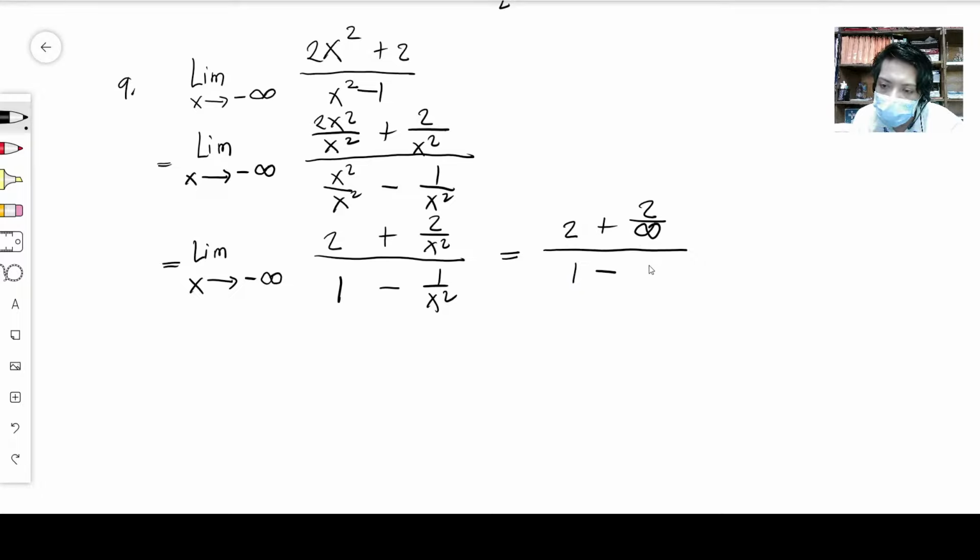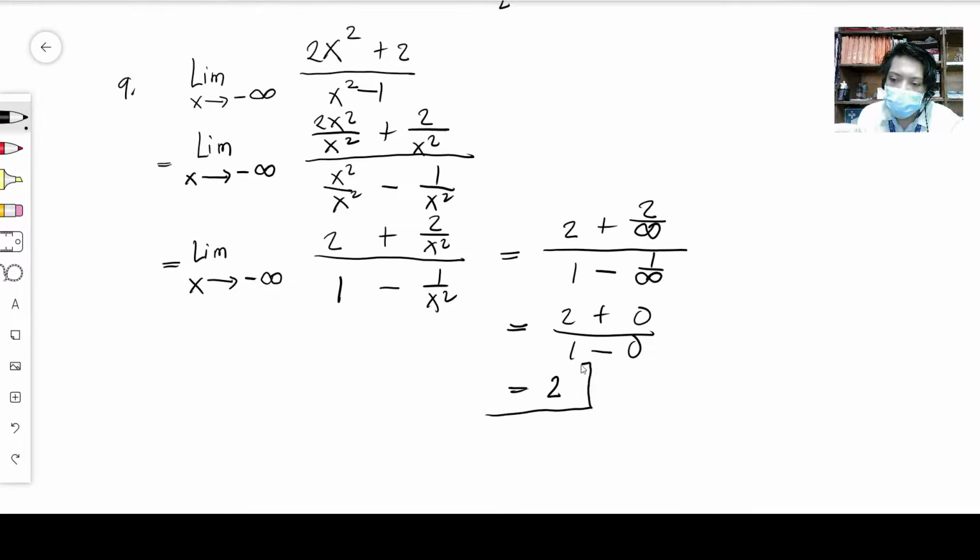Anyways, any number divided by a very large number is almost equal to 0. So this will be 2 plus 0 over 1 minus 0. So this is equal to 2 over 1, that is 2. So this is your answer.